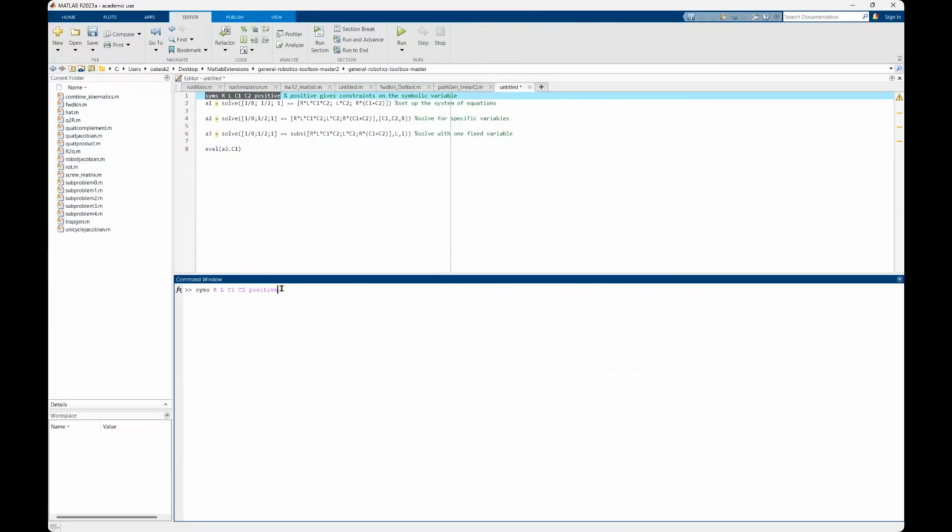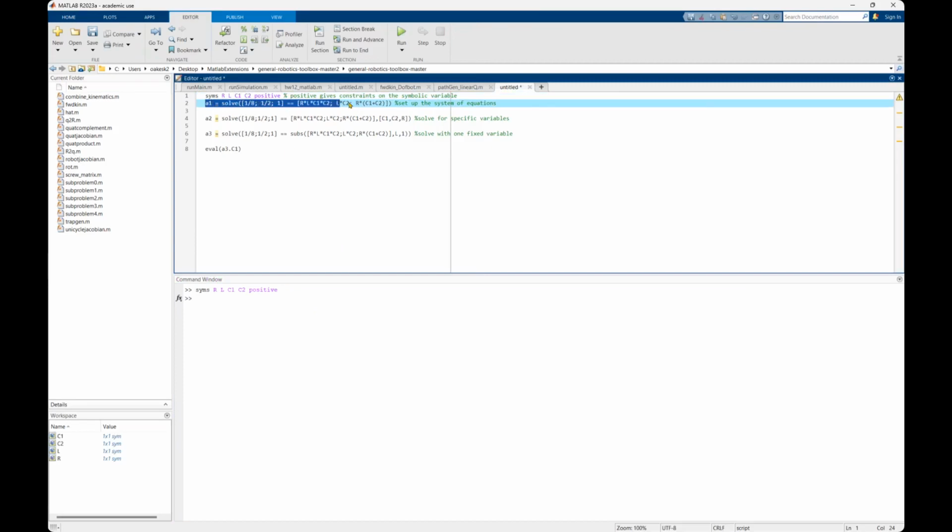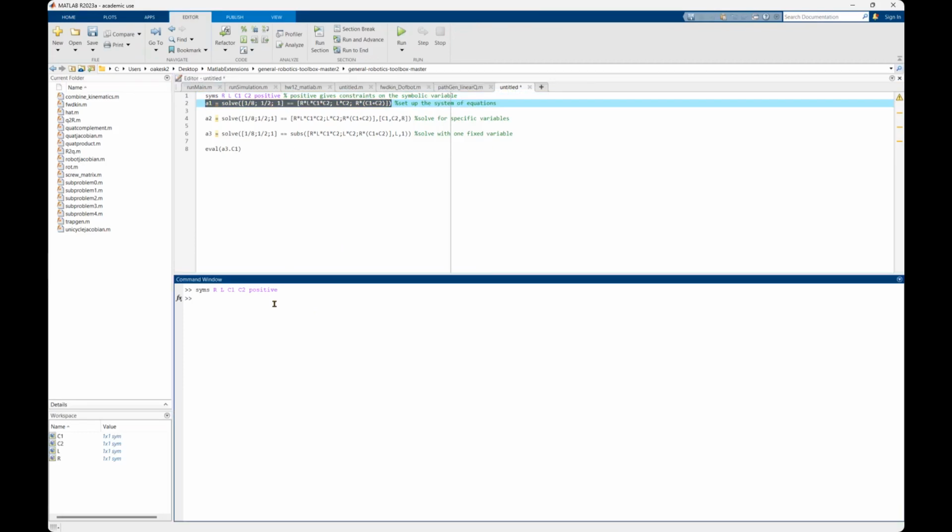So you could say it needs to be a real value, negative, positive, things like that, and it'll restrict the possible solution that it gives you. And then from there, you can use this solve expression. And so the way that we're doing this is in this first part, we have here the values of our equation.